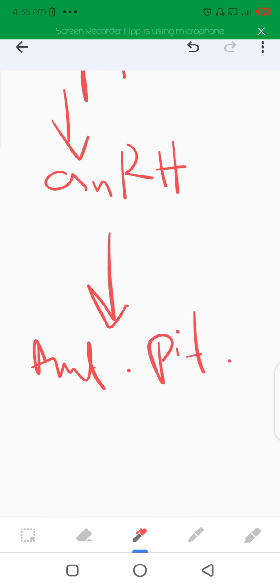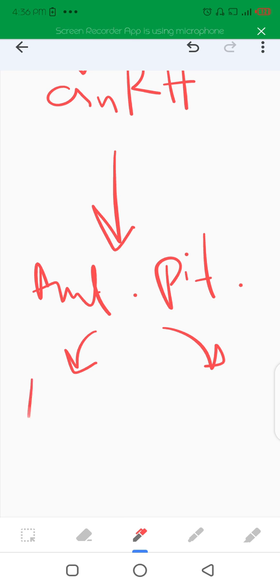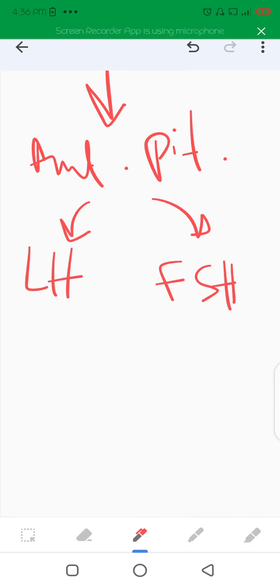In the anterior pituitary gland there is the portal blood, and this hormone stimulates the anterior pituitary gland to release two hormones, which are luteinizing hormone and follicle stimulating hormone, which travel via the blood vessels to the testes.